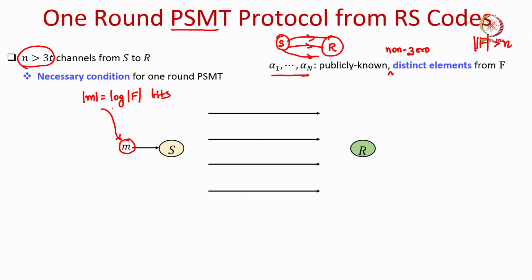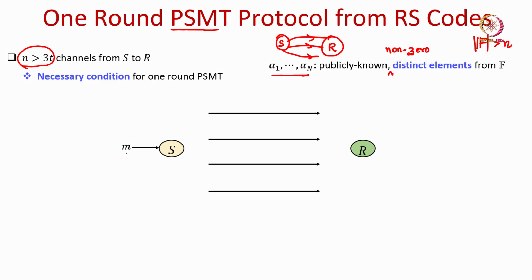If the message size is more than log |F|, then the sender can divide the message into multiple chunks of log |F| bits. Each such string can be interpreted as an element of the field, and each such field element can be securely communicated to the receiver by running this PSMT protocol. Those are some standard mapping issues which we do not want to go into in detail.